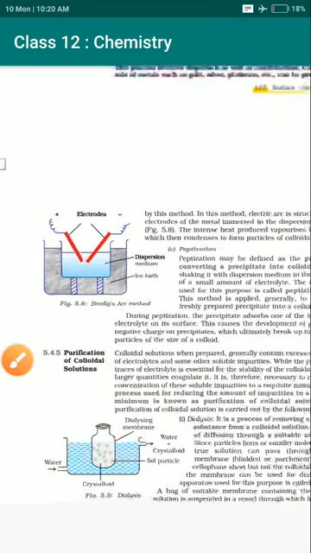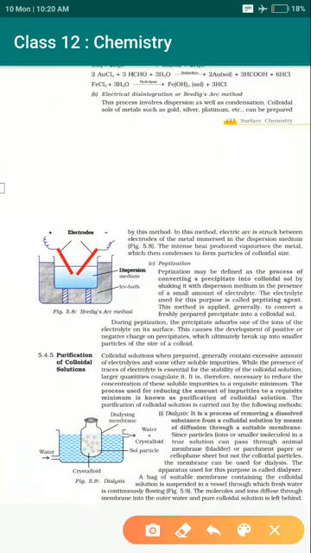When electricity is passed, because of the intense heat, the metal gets vaporized, and then it condenses. When it condenses, it forms the colloid that is needed.